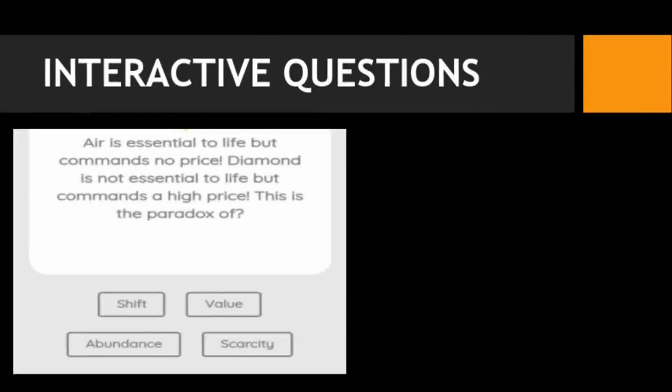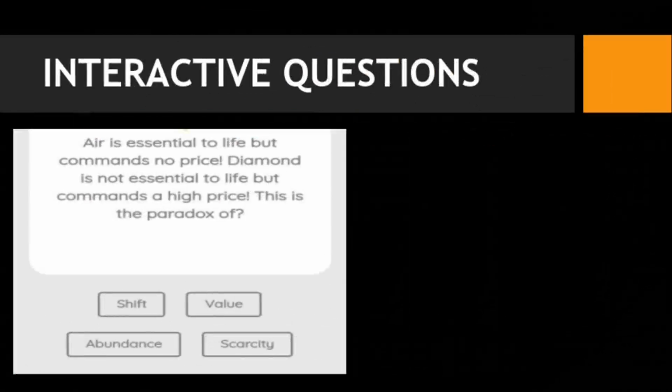The last but not the least interactive question here: air is essential to life but commands no price. Diamond is not essential to life but commands a high price. This is the paradox of dash. The options are value, abundance, scarcity.